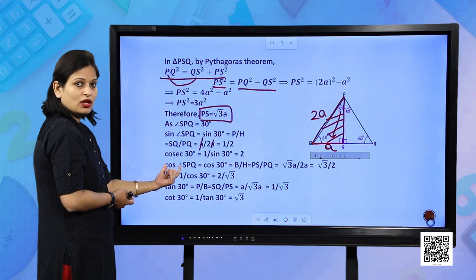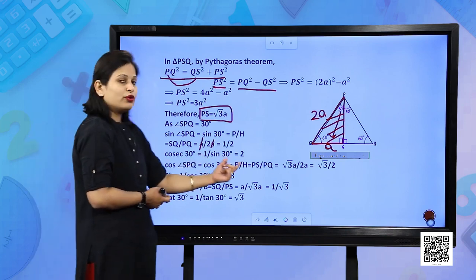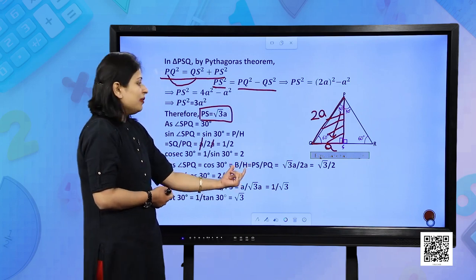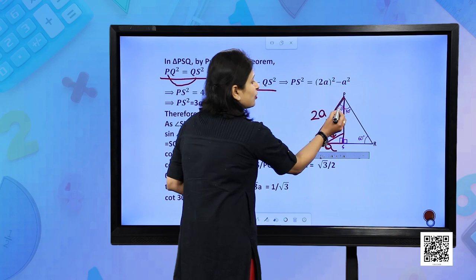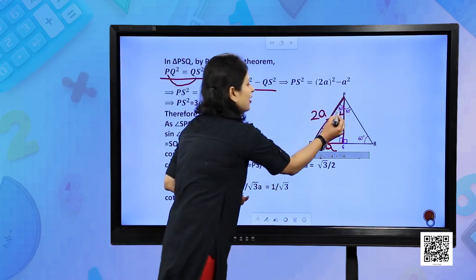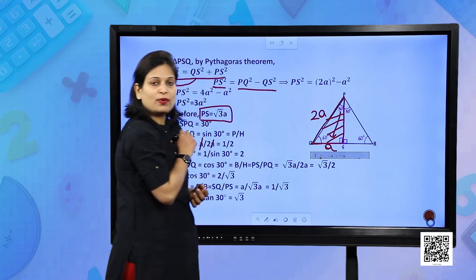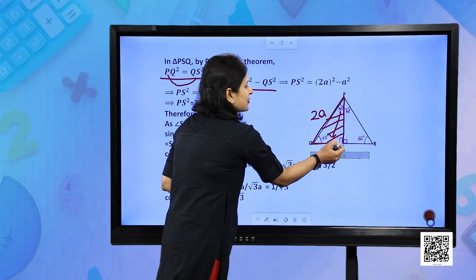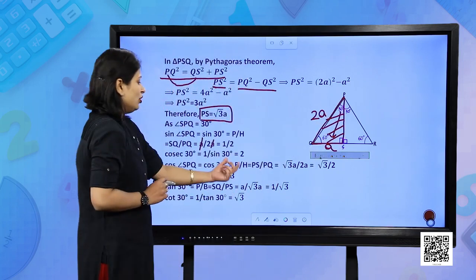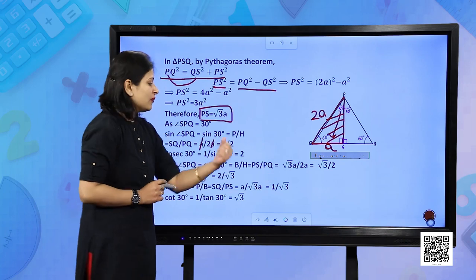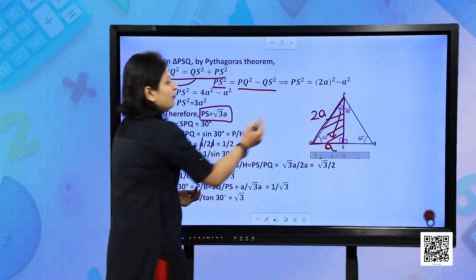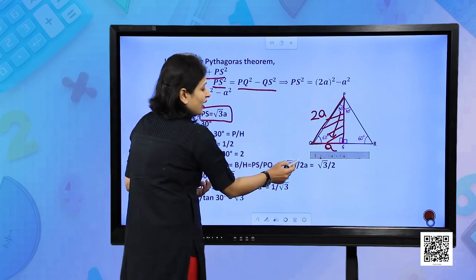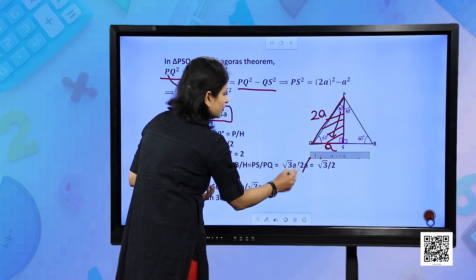For cos function, cos 30 degree, according to the definition of cos function, base upon hypotenuse. What will be the base with respect to angle SPQ? Base will be PS upon hypotenuse, hypotenuse is PQ. Simply substitute the value. We have just found the value of PS as root 3A. So, root 3A divided by 2A, what will you get?